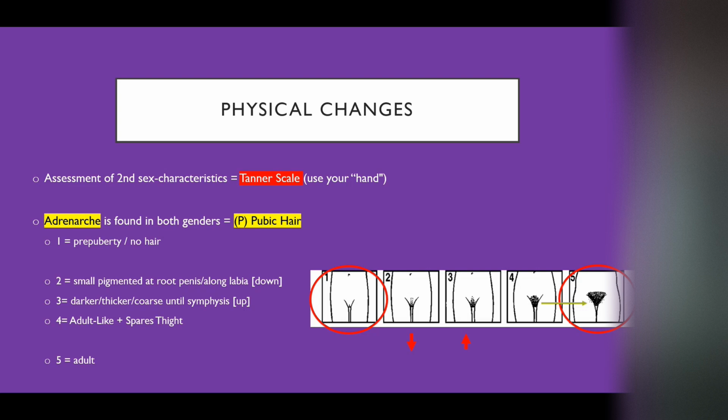So the way to memorize, very easy. For the P, we start number 1, pre-puberty. Number 5, adult. Number 4, adult without the thighs. Number 2, root of the penis or labia. And number 3, symphysis. Okay, so the symphysis is the line over here, this line. Okay, that's very easy to memorize. Already memorized it. Very easy. You just review it a few times, you will never forget it.